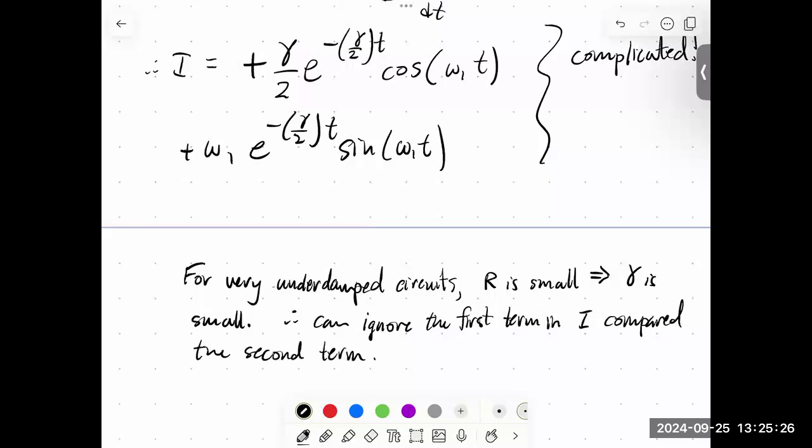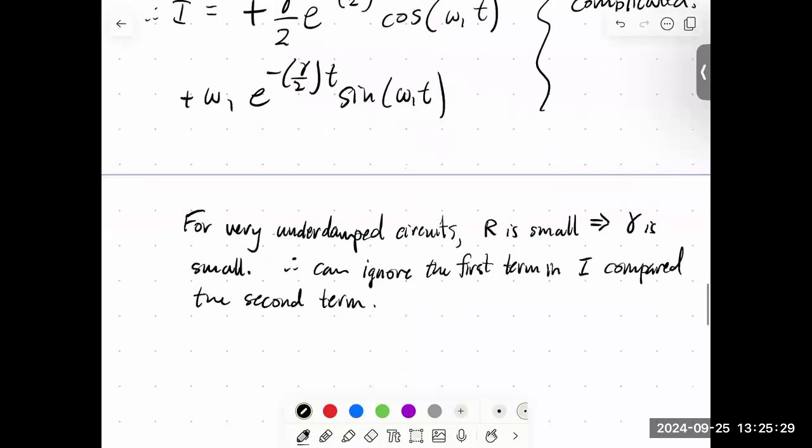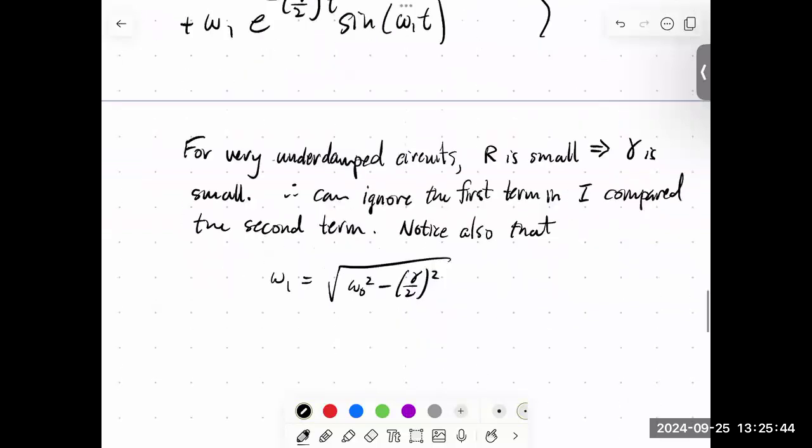Okay. So if we do that, actually, before we do that, notice also that omega 1 is equal to the square root of omega naught squared minus gamma over 2 squared. But this would be approximately just equal to omega naught when gamma is small.